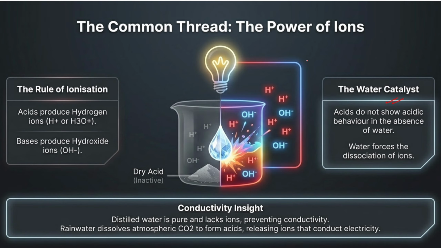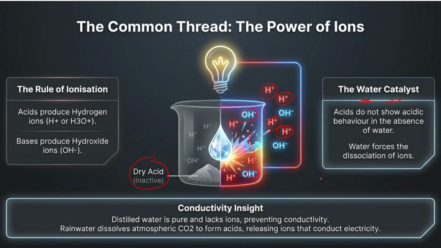The main factor behind any acid or base is water. Dry acid, as written here, is inactive, whereas the moment we mix water into it, you can see lots of OH- and lots of H+ ions are there. Basically water is the catalyst. Conductivity increases because of water. Why does it increase the moment water is dissolved?